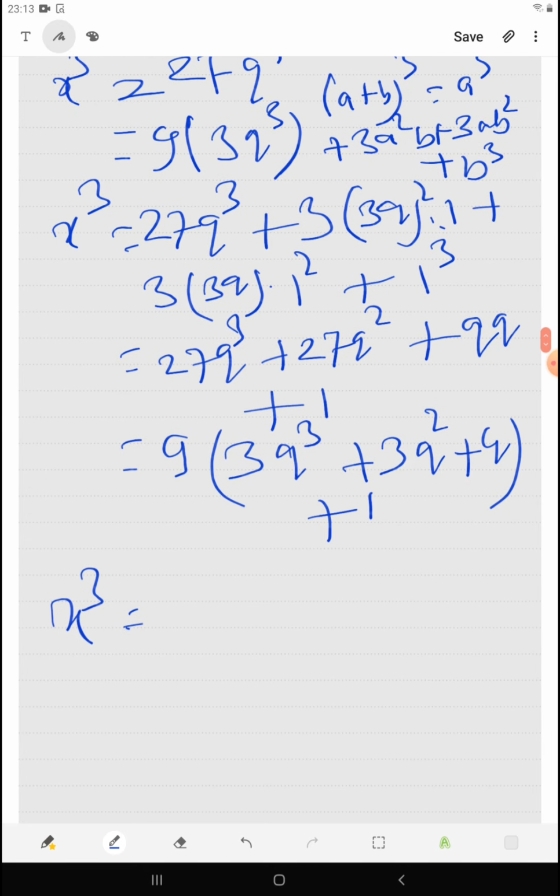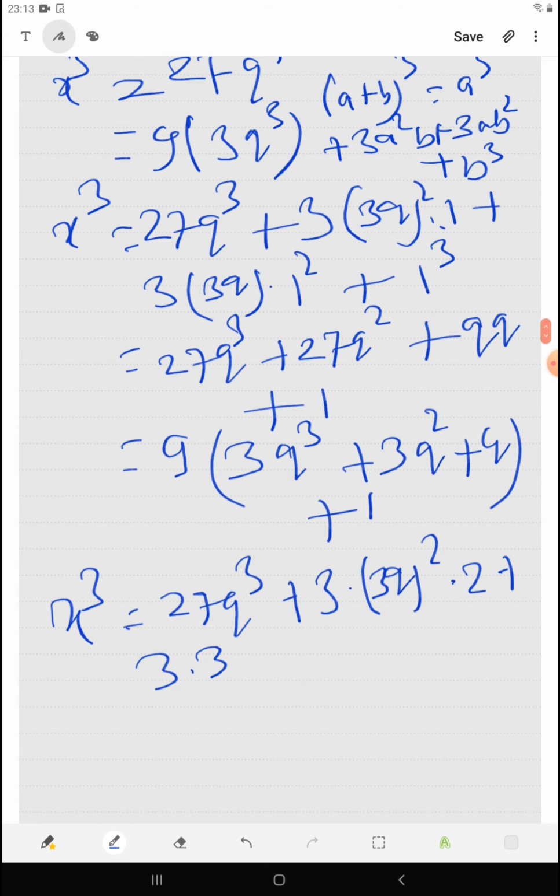So it will be 27q cube plus 3 into a square, right? So 3q whole square into 2 plus 3 into 3q into 2 square plus 2 cube.